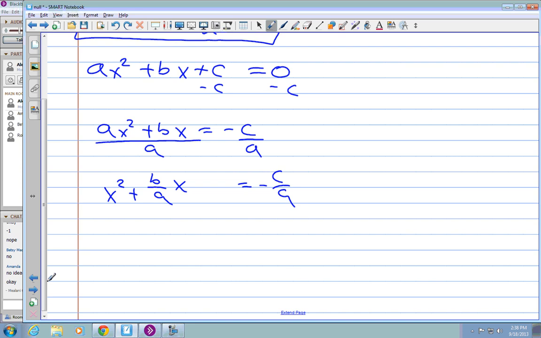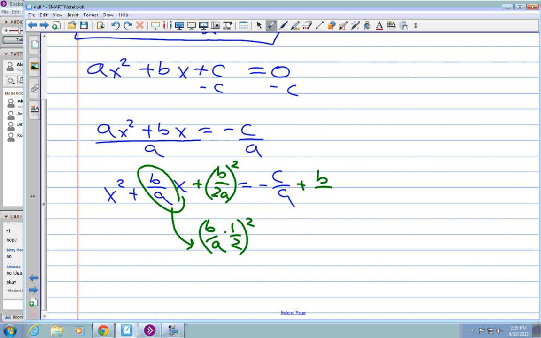Now the third step, we're going to start completing the square. The way we do that, we take the term in the middle. We're going to divide it by 2, right? So multiply by 1/2 and then square it. So that's what we're going to add to both sides, right? So it's b over 2a squared on both sides.